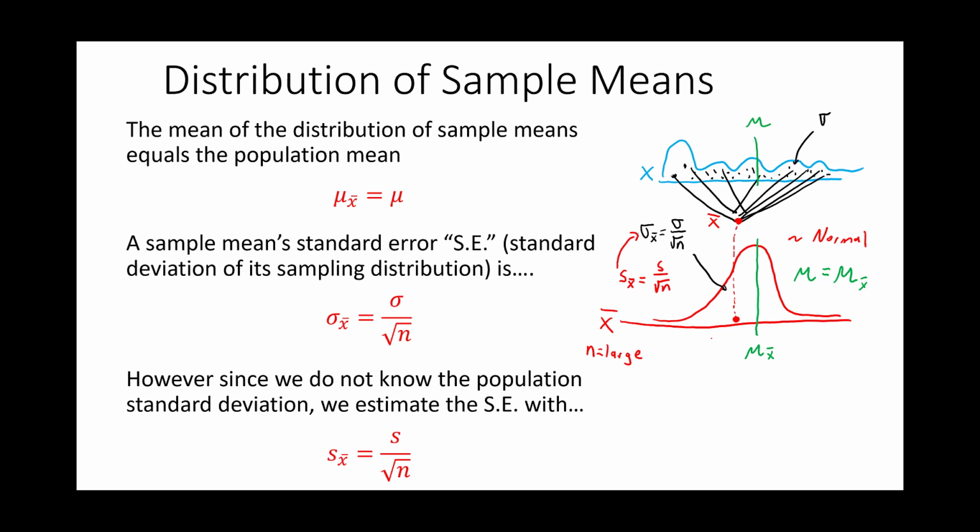So these are the properties associated with our central limit theorem and associated with the distribution of sample means. When we construct our hypothesis tests and confidence intervals, our goal is to estimate the center of our distribution of sample means. Because if we estimate the center of our distribution of sample means, that mean mu x bar, we've actually estimated our original population mean.